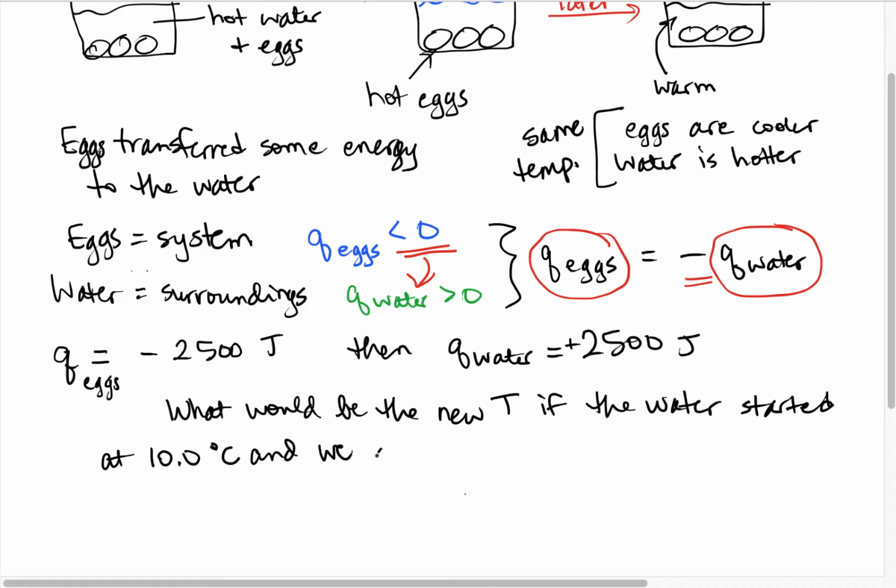And let's say we also added 300 grams of water. I never measure it, of course, so these are just estimates. But we want to find out what the new temperature of the water is. If it started at 10 degrees and there were 300 grams of the water. So let's look at how we would do this.